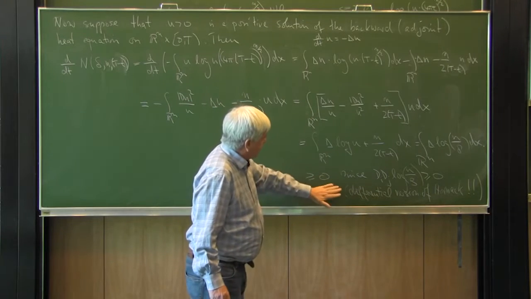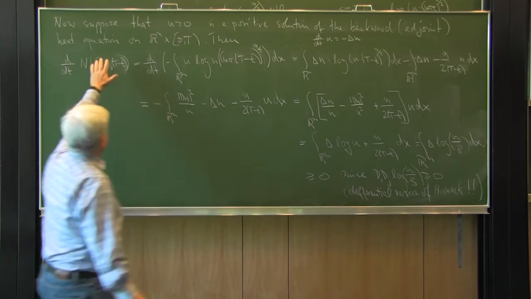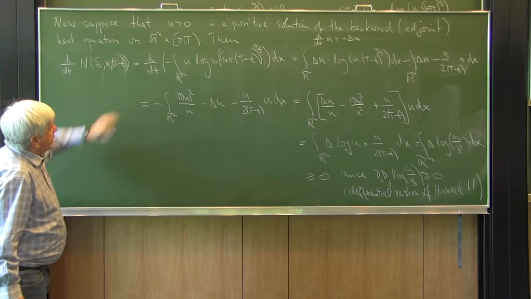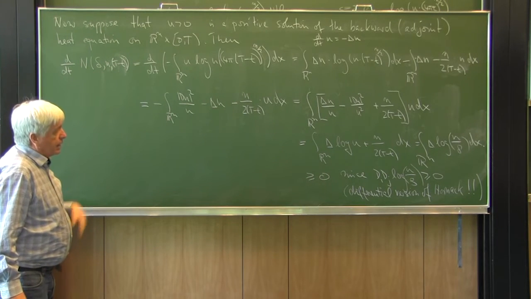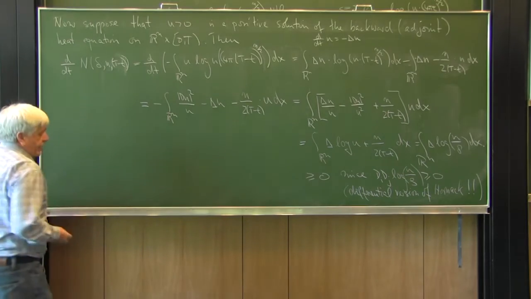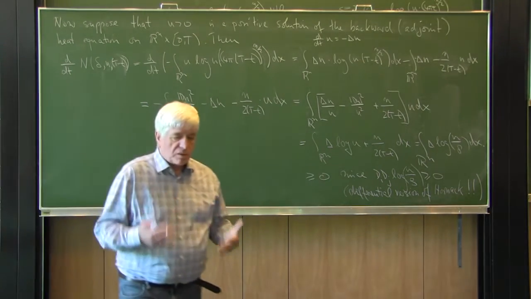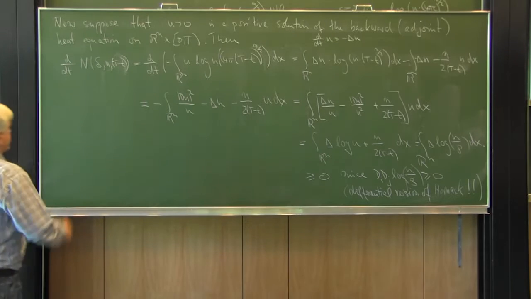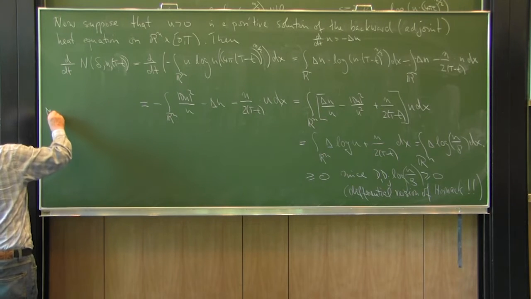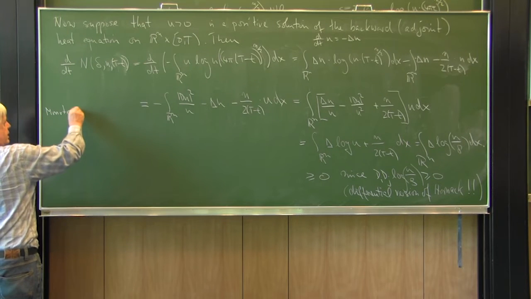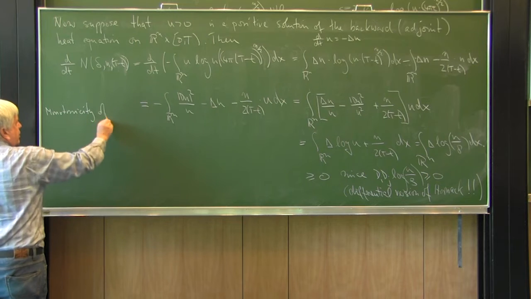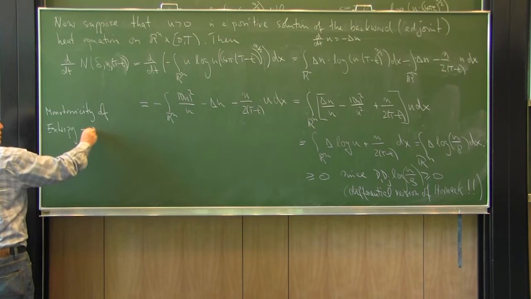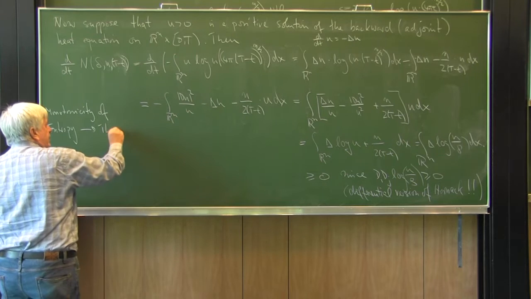So with this, we see that on any solution of the equation, this entropy is monotone. And this is one of the key principles, of course. The monotonicity of entropy and its relation to thermodynamics is one of the key principles of thermodynamics.